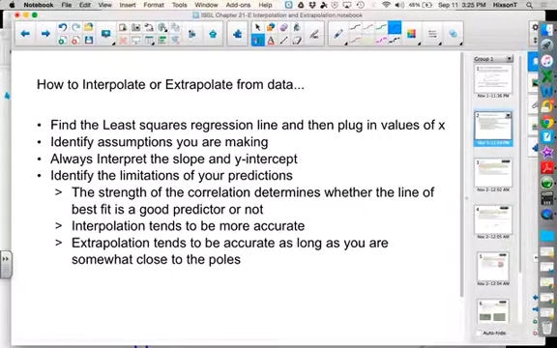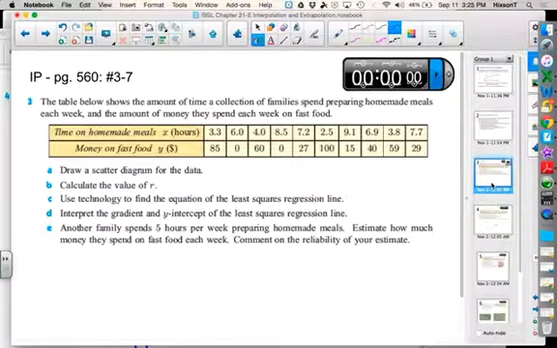So, what I want to do is work through some of these. A little bit of this is what we were doing yesterday, but we're going to take it further here, okay? For the first 3 parts here, I want you using your calculator. If you don't have one, you're going to get one.